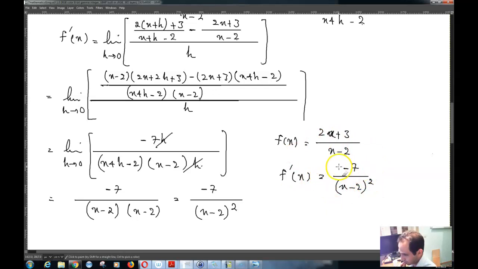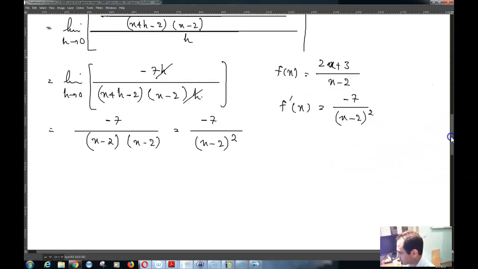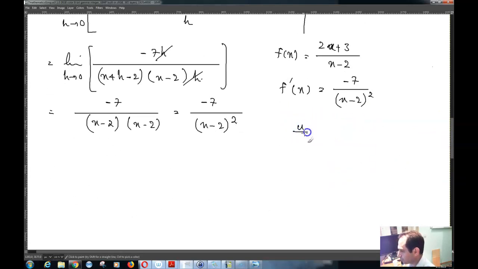And of course you can do this using that quotient rule as well, meaning that u divided by v whole prime is the same thing as u prime times v minus u v prime divided by v squared, and then you could take this as u, take this as v.